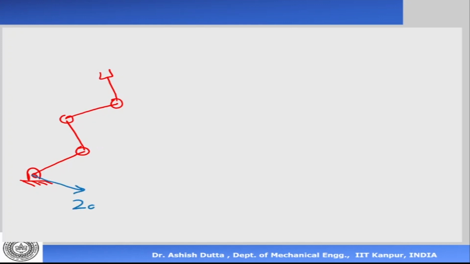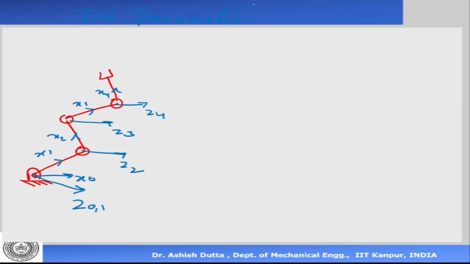Say for example, this is Z0, Z1, this is my Z2, this is Z3, this is Z4, and this is x0, this is x1, this is x2, this is x3, and that is x4. Okay, now today we'll see how we systematically assign axes by a method which is basically called the DH notations. Okay, DH parameters.